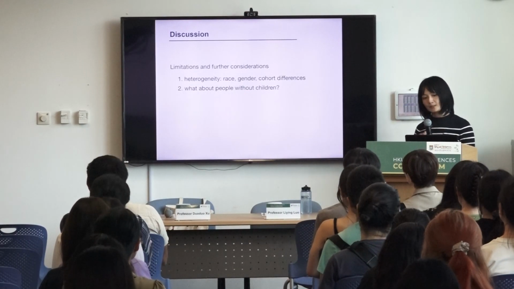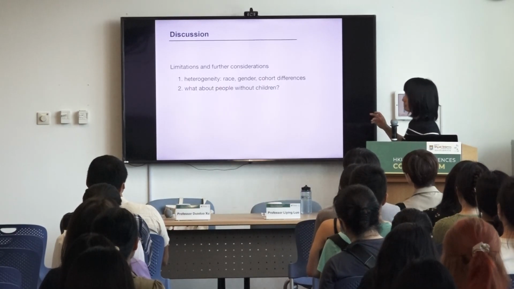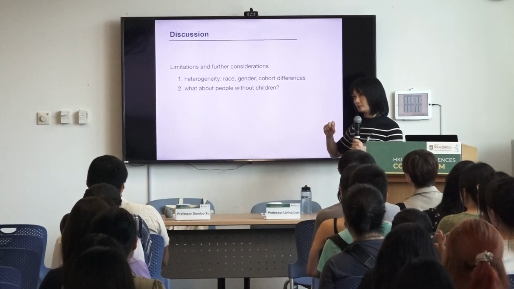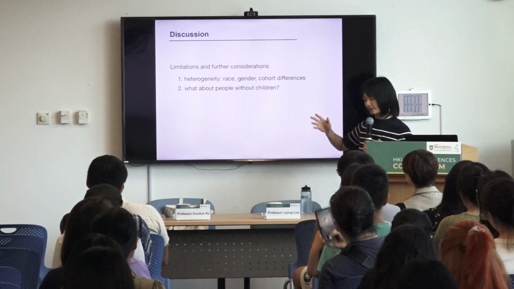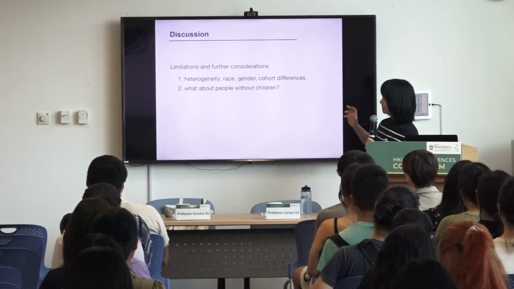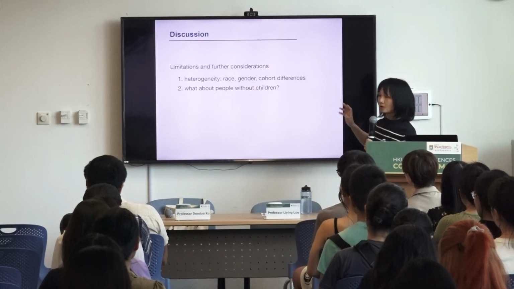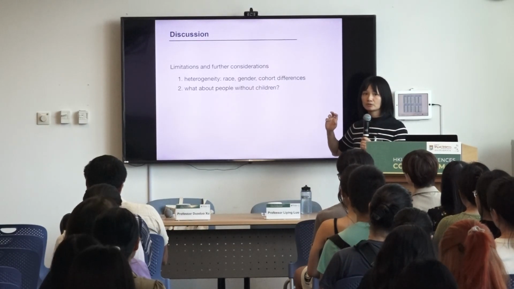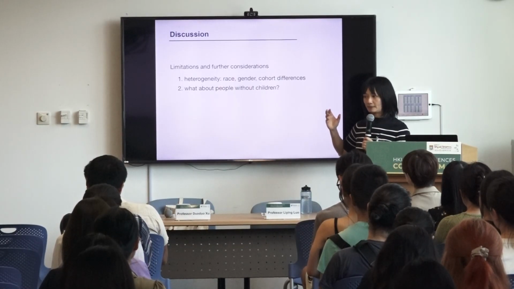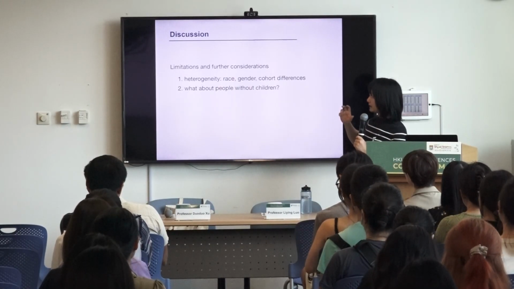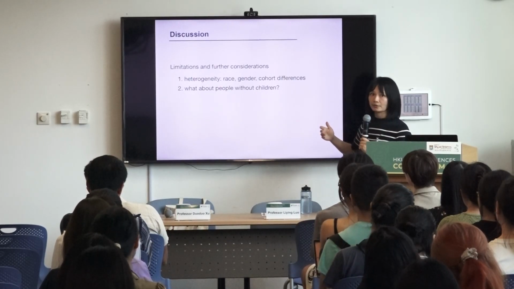Of course, there are limitations in this research, because we focus on the overall effect of children's education on parental health. So in our analysis we treat race, gender, and birth cohorts as covariates. So we don't specifically look at how much those educational benefits differ between whites, non-whites, or men and women, or birth cohorts.